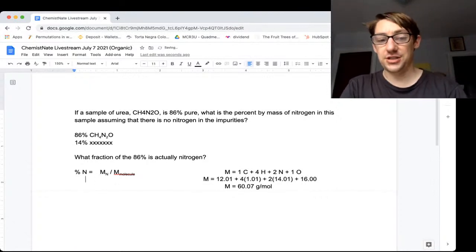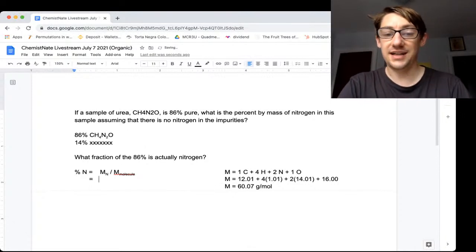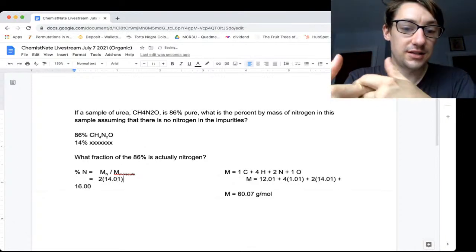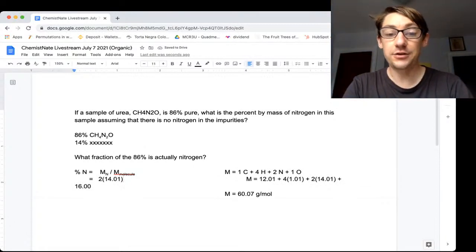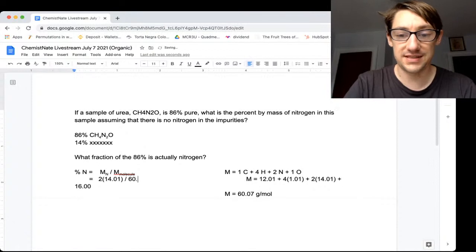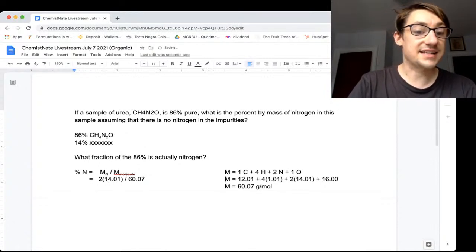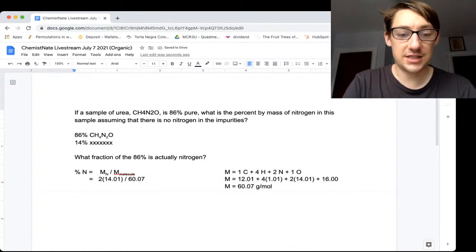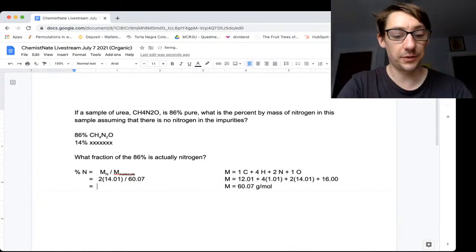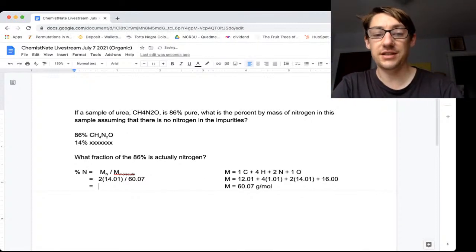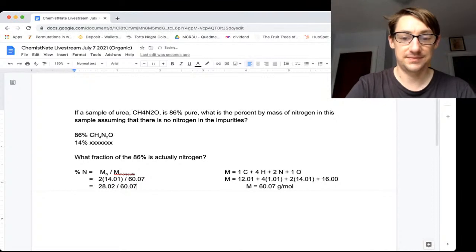Now, what fraction of this molecule is actually nitrogen? Well, nitrogen's contribution was 2 14.01s out of the total of 60.07. More explicitly, out of the total 60.07 grams that every mole of urea weighs, 28.02 of it comes from nitrogen.